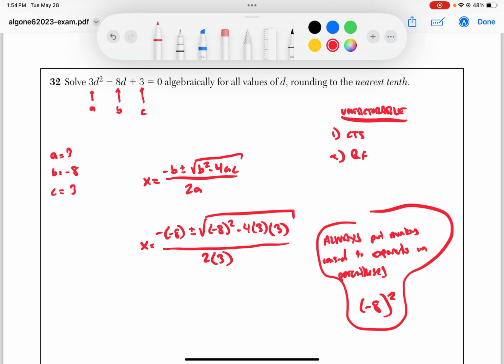Now, there is a chance that this will ask you to simplify this as much as you can. In which case, you're going to find out what negative 8 squared minus 4 times 3 is. See if you can take a square root and keep going and simplify it fully. But since it just wants the answers rounded to the nearest tenth, you can put that in your calculator. And that's exactly what I'm going to do.